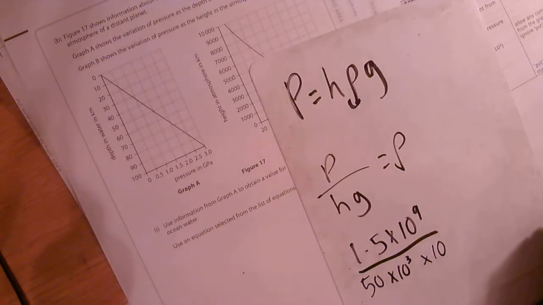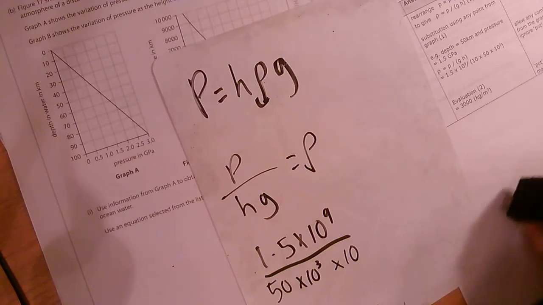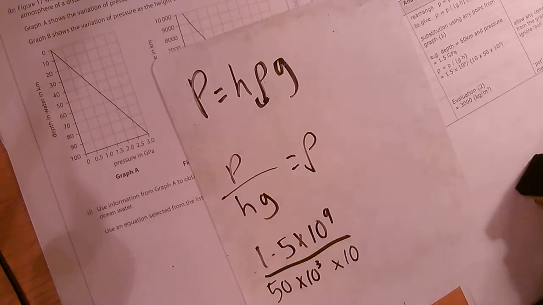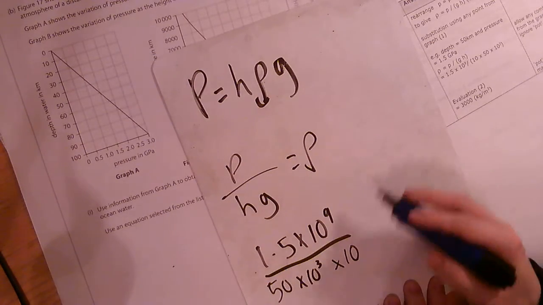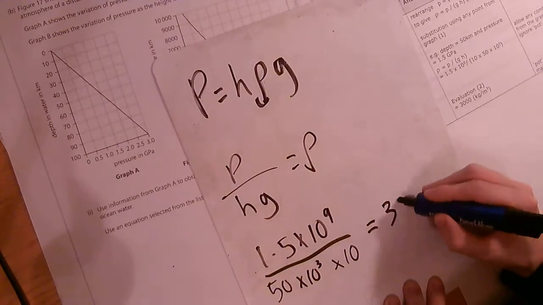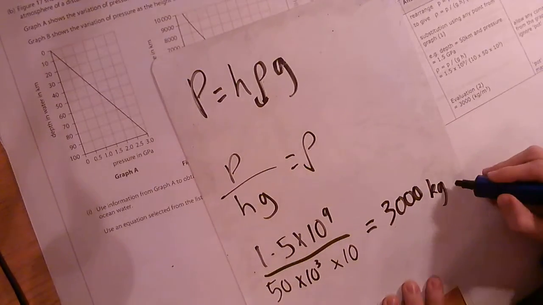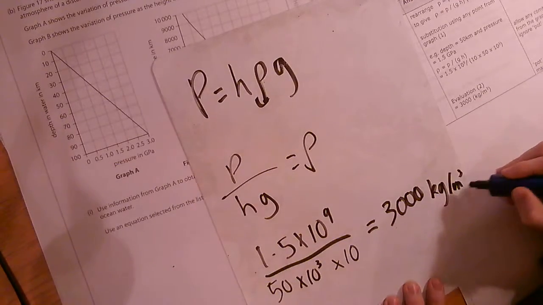I guess they rushed this one a little bit. Not to worry. So we put the numbers in, stick that into a calculator, and that will give you your answer. I won't stick it in the calculator here because I've got the answer right here, and there's no rounding involved. It's going to be 3,000 kilograms per cubic meter.